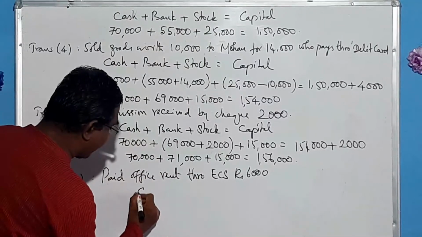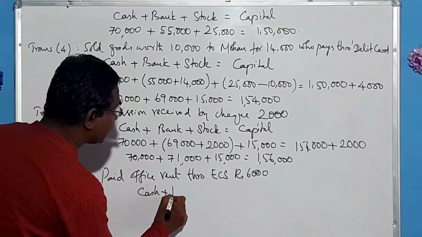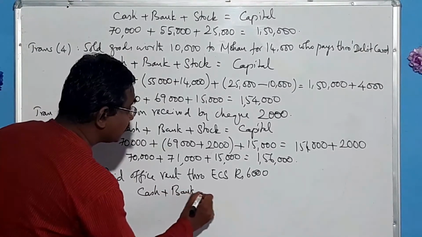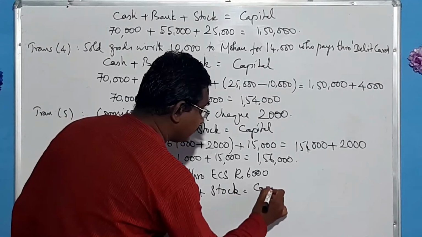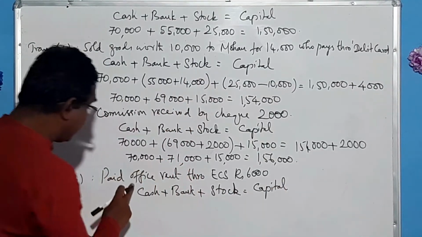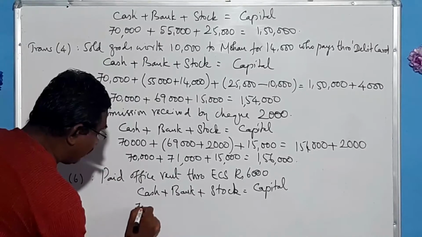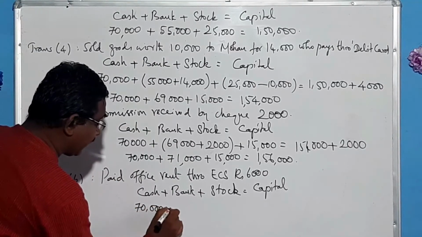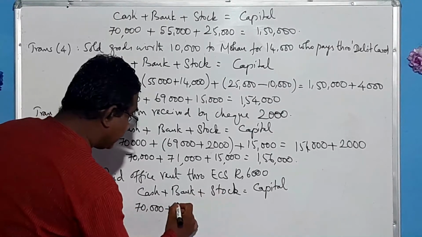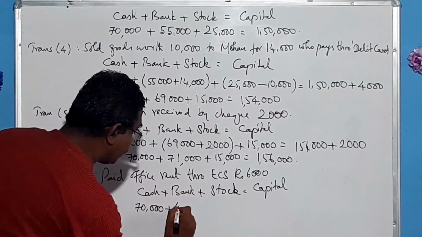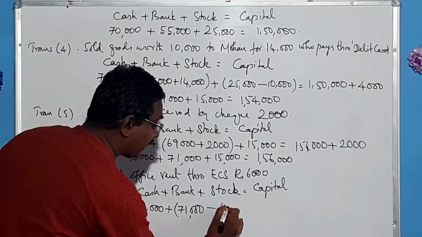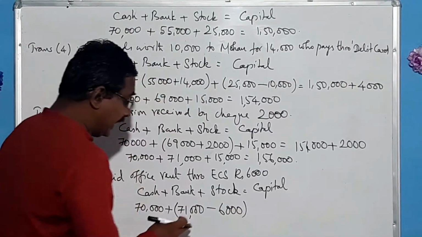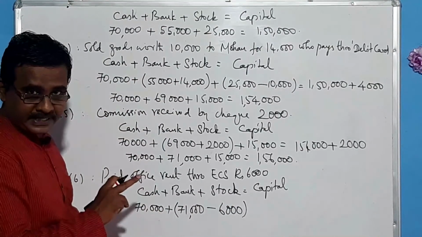Now let us go for writing the amount. Cash plus bank plus stock is equal to capital, and there is no change in the value of cash, it remains the same. Bank, what is that amount? 71,000, and from 71,000 you have to subtract that 6,000 because that amount is paid through ECS system.